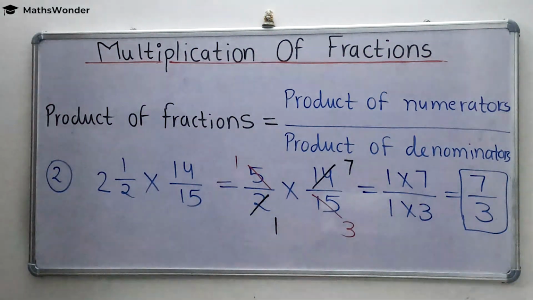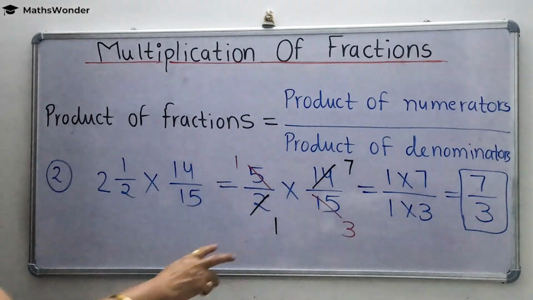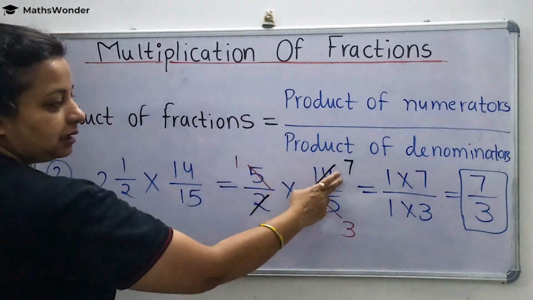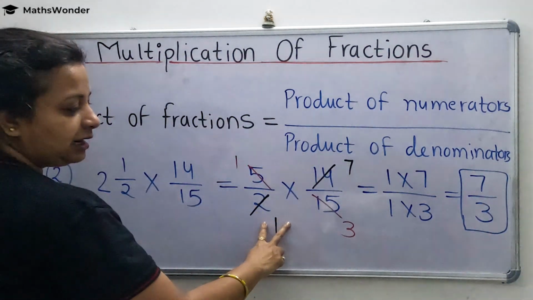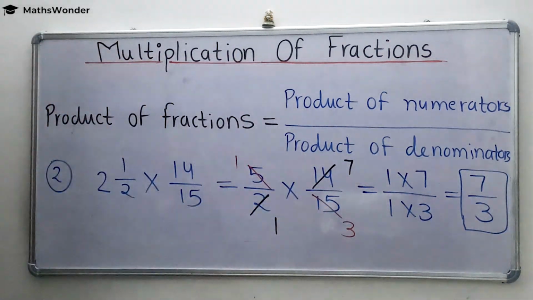So whatever question is given in mixed form, first of all you will convert into improper. Then simplify if possible. Then multiply the numerators of all the fractions, then multiply the denominators of all the fractions. You will get the final answer.